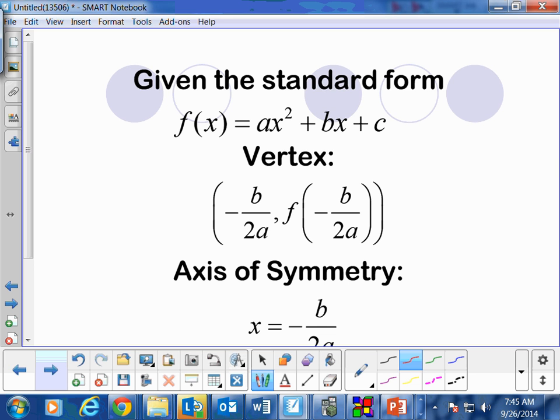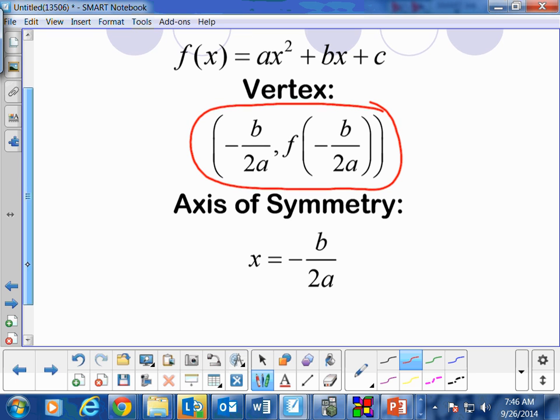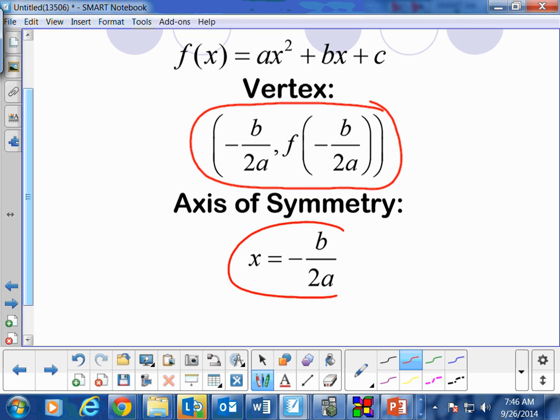Given the standard form, the vertex is found using this. This is going to be an important equation you have to memorize, because they're going to be asking you to find the vertex given a parabola. And the axis of symmetry is found using this, which is x equals negative b over 2a.